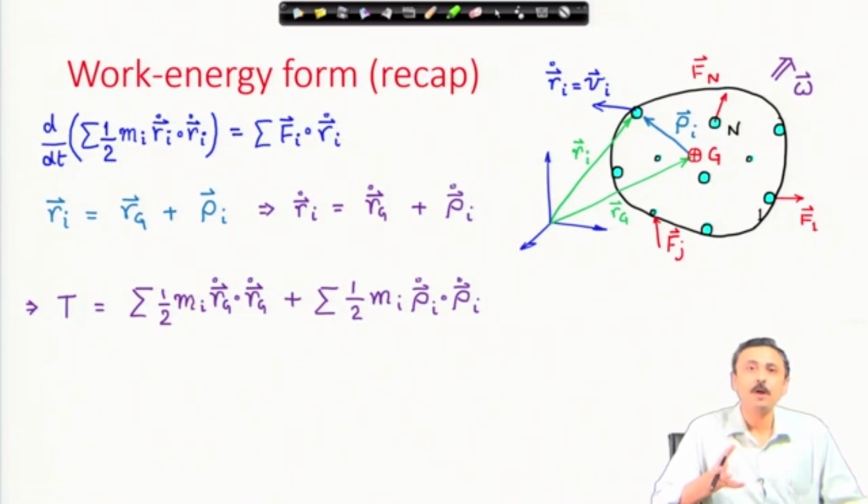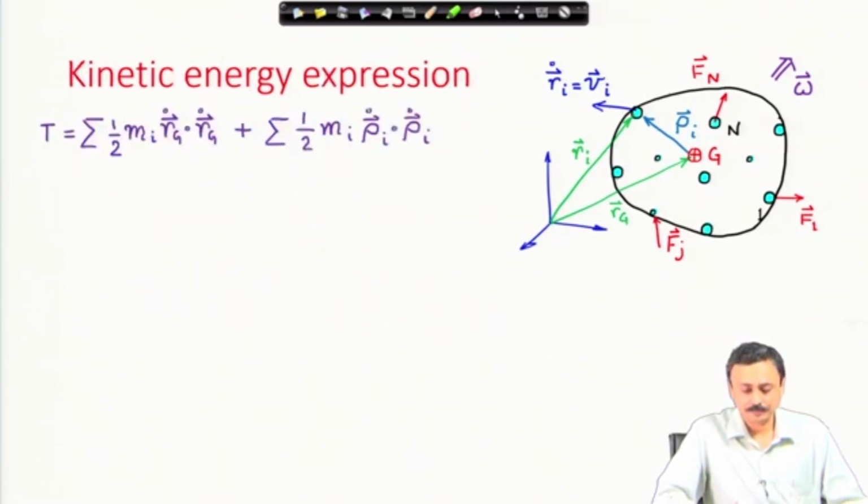The second term comes from motion of the particles about the center of mass, and for rigid bodies this rho I dot will be related in terms of the angular velocity. So, this was the expression of kinetic energy of translation of center of mass, and kinetic energy of motion about the center of mass.